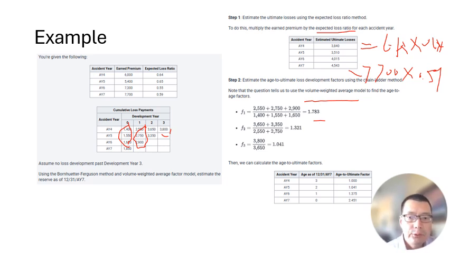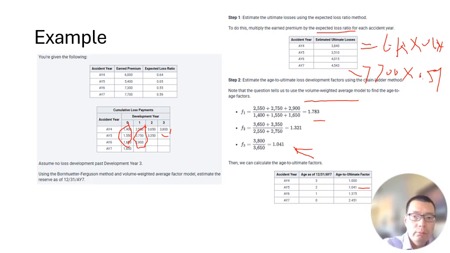Then we can calculate the age-to-ultimate factors. For accident year 5, this one is just 1.041. But for accident year 6, age 1, basically you will have to use F2 times F3.